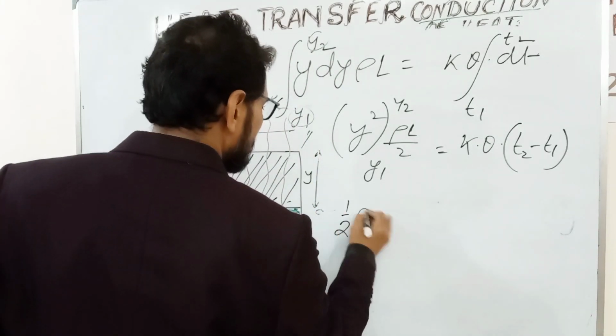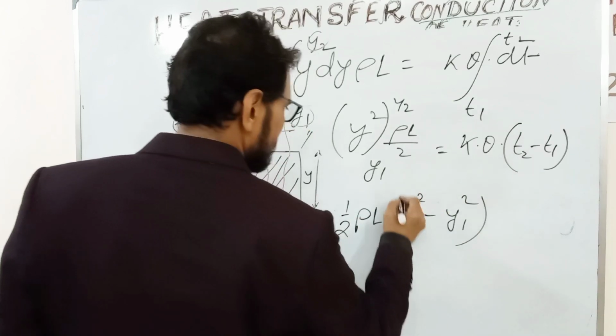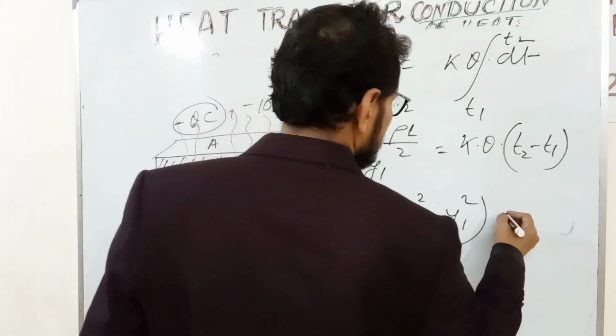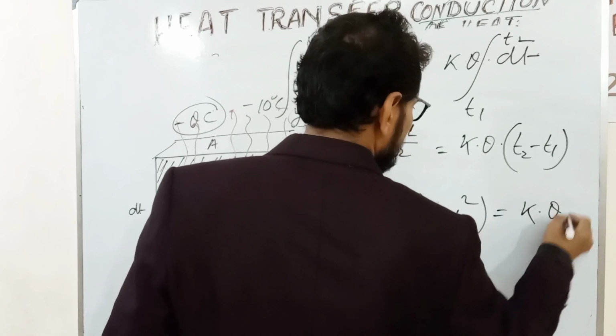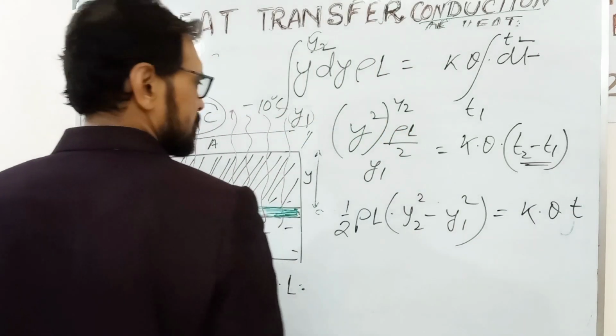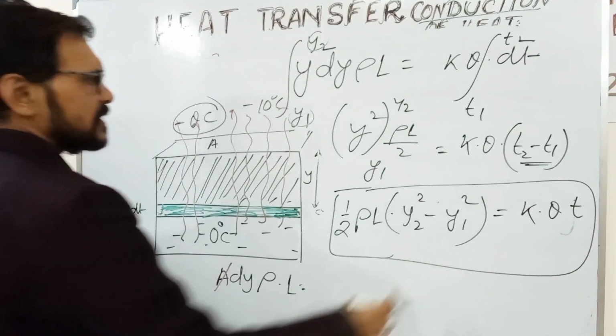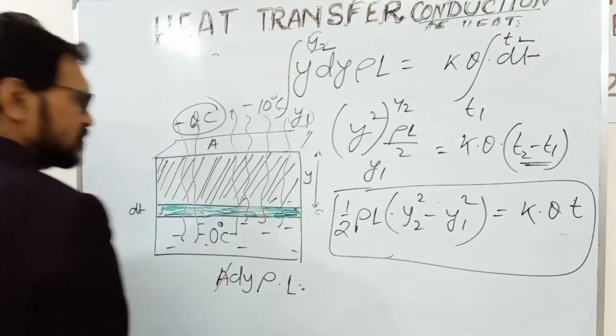So half rho L, suppose t2 minus t1 is the time interval t. Time interval t2 minus t1 is denoted by t. So this is the formula.